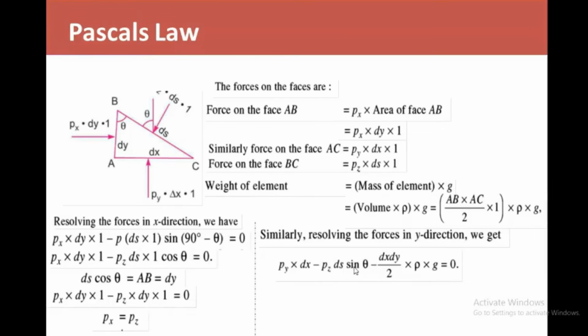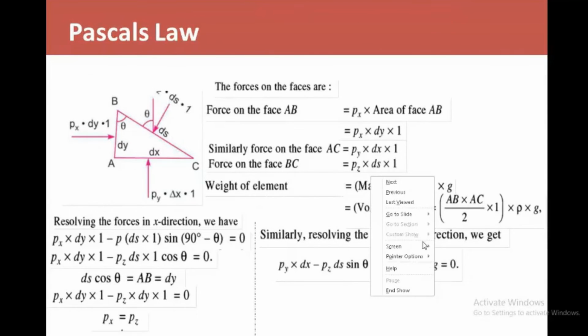And remember here again in this triangle ABC, sin theta equals opposite upon hypotenuse.